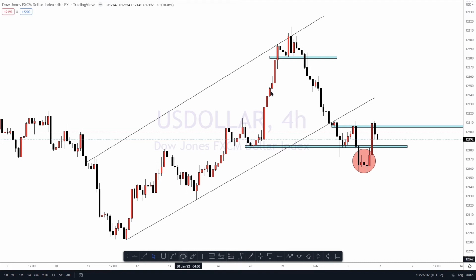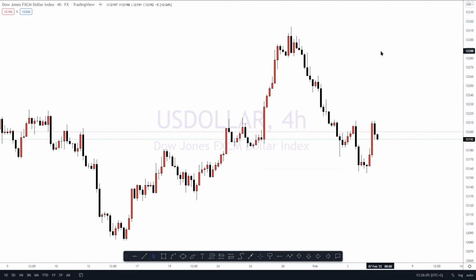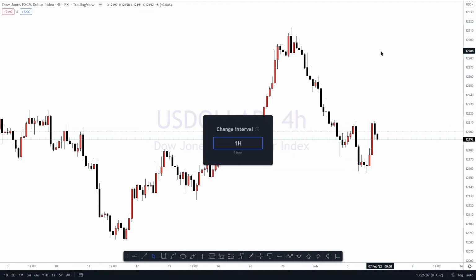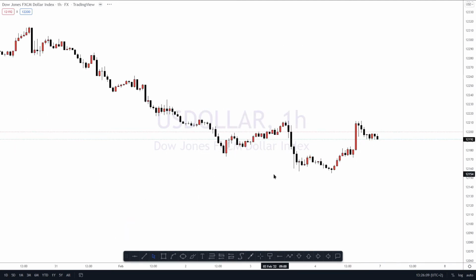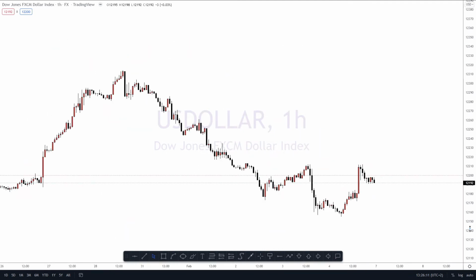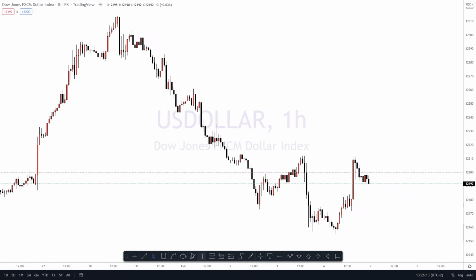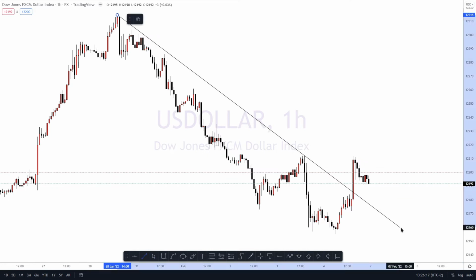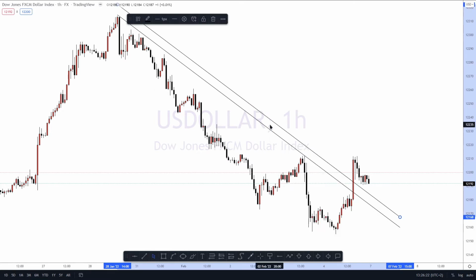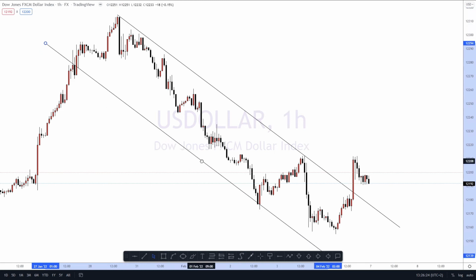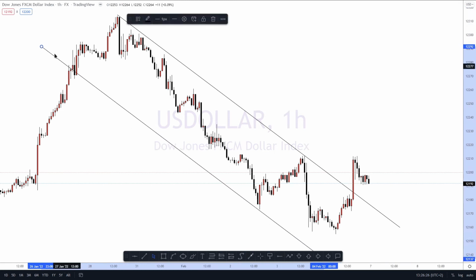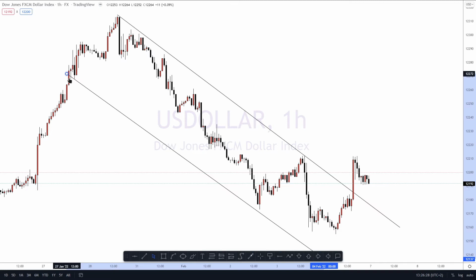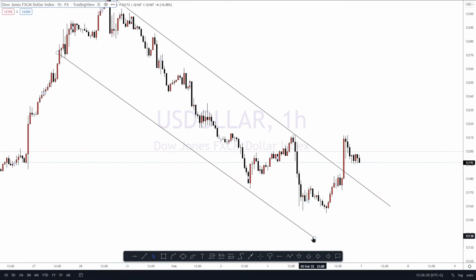I'm just going to delete everything and give you a 1 hour perspective and what we're going to be trading. So a 1 hour perspective is that, as you can see, we had a bit of a falling channel. As price was going down, it created a falling channel, and we're just trying to make the channel visible so everyone can see what we're talking about.